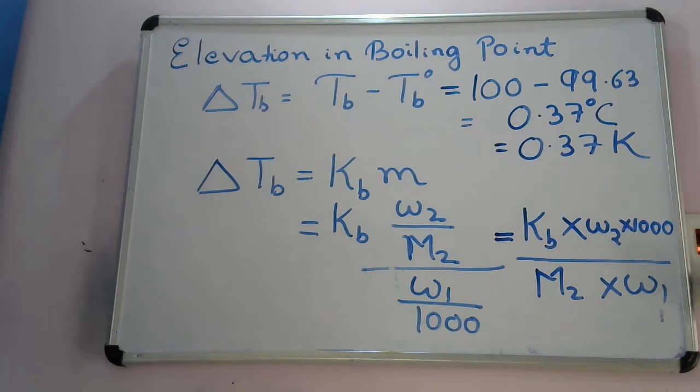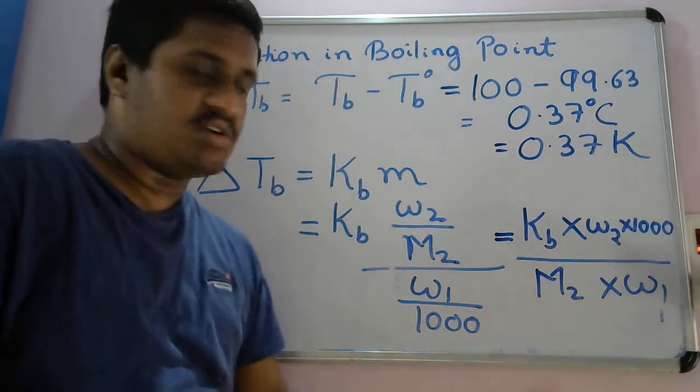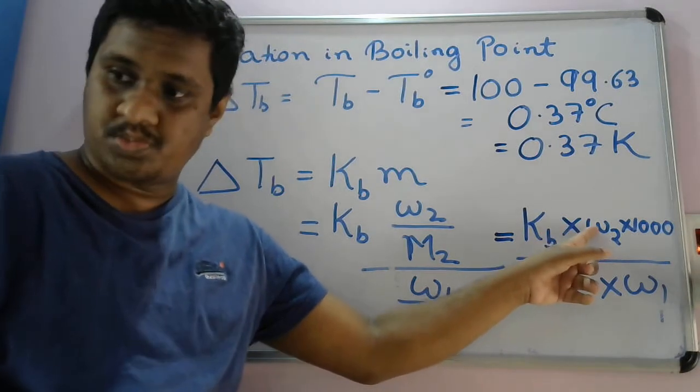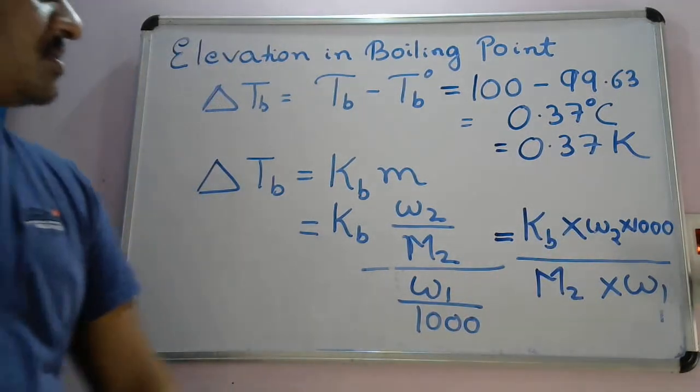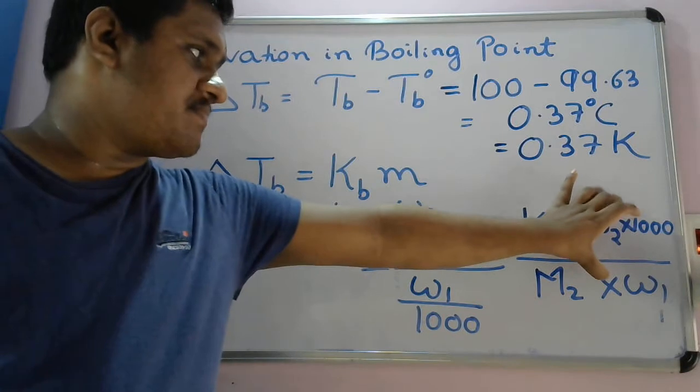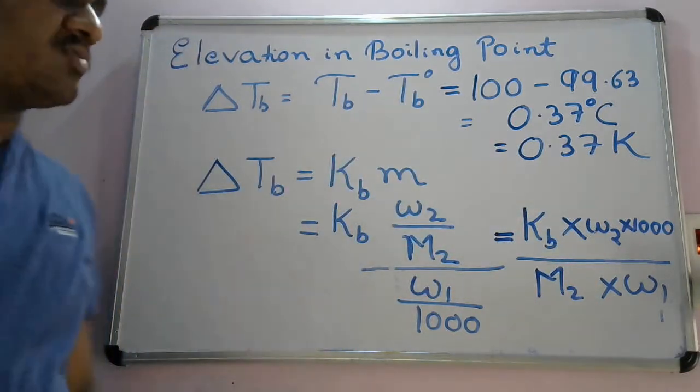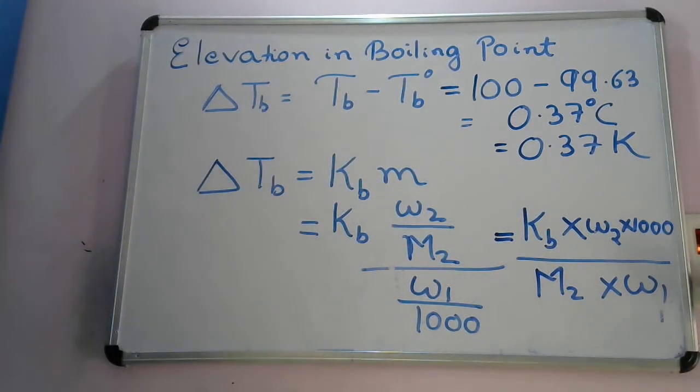Now we will simplify this formula. You pause the video and write it down. Then we will simplify this formula again, because what we want is W2. So what we will do, we will keep W2 on one side and rest all other we will take to the other side. That is our target.